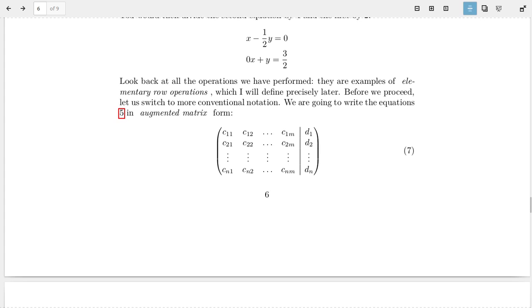There are other ways to do this. You could make it bold, that's entirely up to you. So don't worry about the presence of this barrier. It's not going to influence anything, and it's not going to affect how you perform your elementary row operations. Okay, so let's go on.